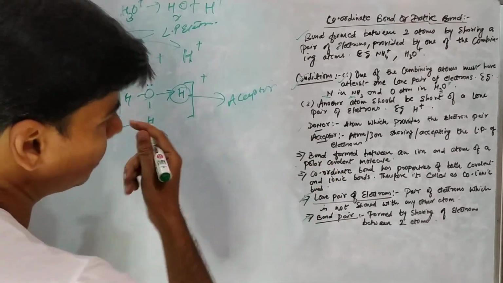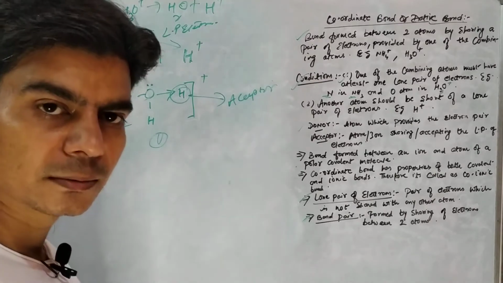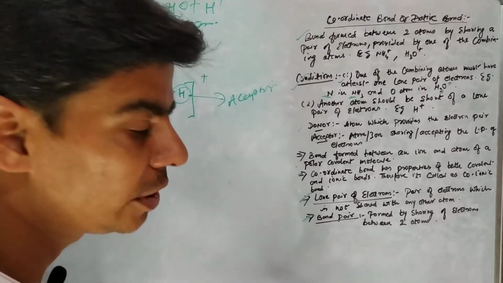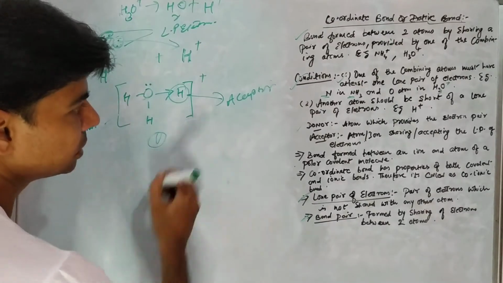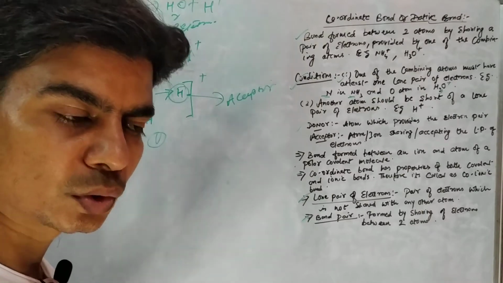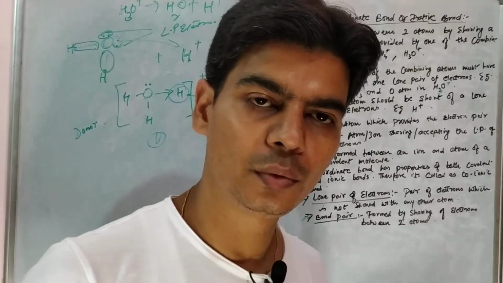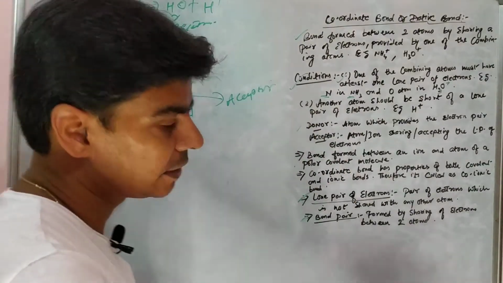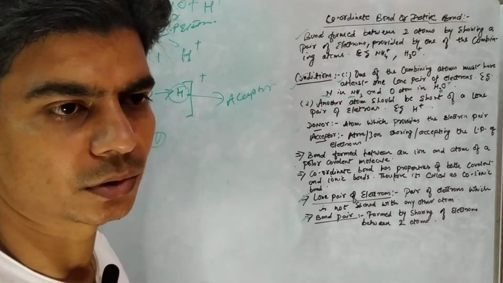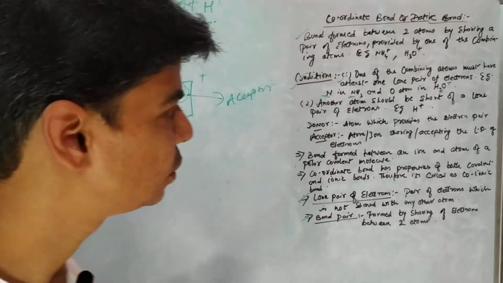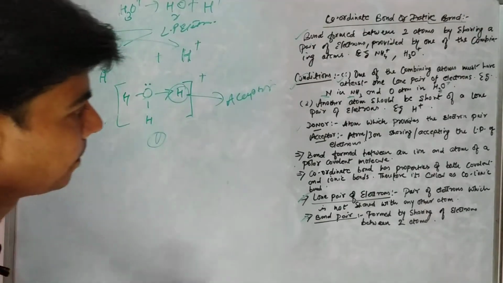So two things must be there for coordinate bond formation. First is, one of the combining atoms should possess a lone pair of electrons so that it can donate that lone pair of electrons to the other atom, right? And another atom should be short of a pair of electrons so that it can accept that pair of electrons which is donated by the donor atom, right?